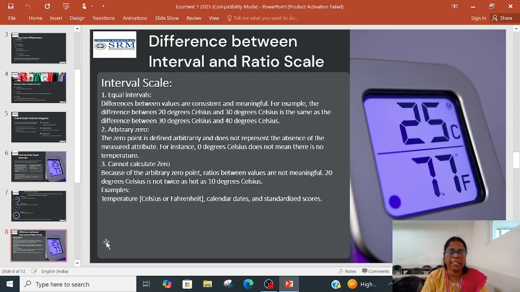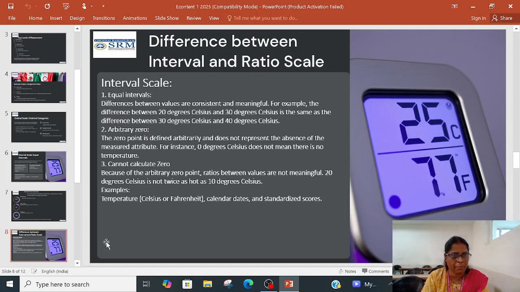Now, we will discuss once again the difference between interval and ratio scale for clear understanding for you all. Interval scale, equal intervals. Differences between values are consistent and meaningful.